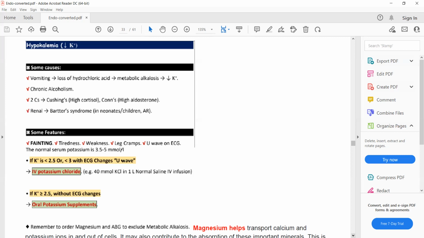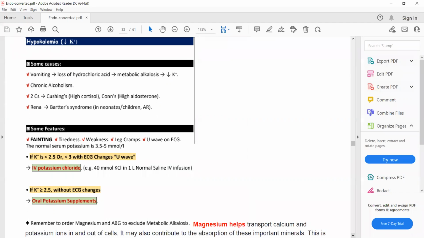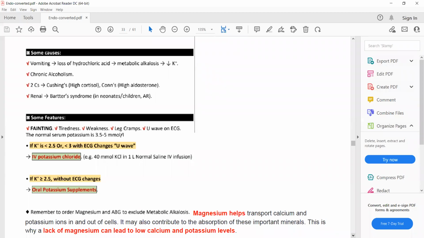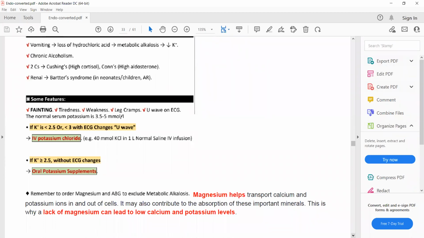There is no absorption of 1 sodium, 1 potassium, and 2 chloride through this channel, which will lead to severe hypokalemia. So add this to the causes of hypokalemia as well.